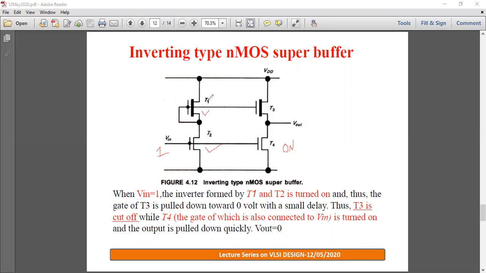As you know, these are NMOS inverters. So ratio is 4:1. Pull up ratio is 4, pull down ratio is 1. So since pull down has less delay, the output node will be pulled to 0. So 0 is fed to T3 transistor. Since Vin was 1, T2 and T4 will turn on instantly, and hence Vout will be pulled to ground.